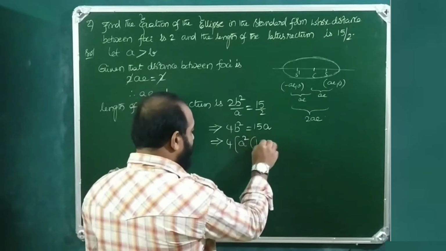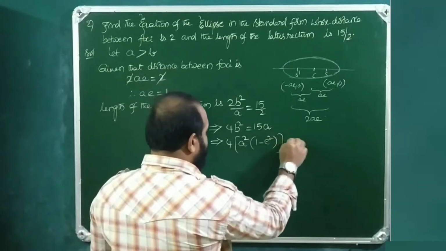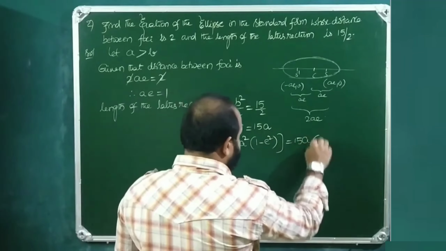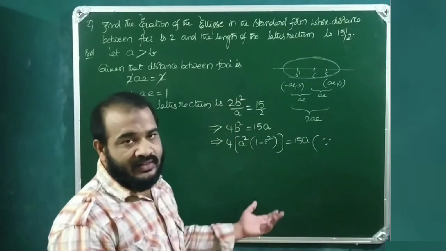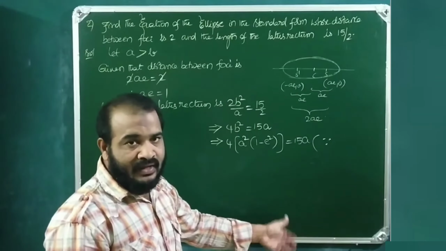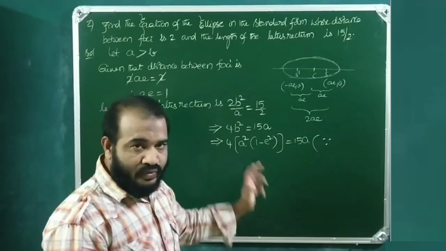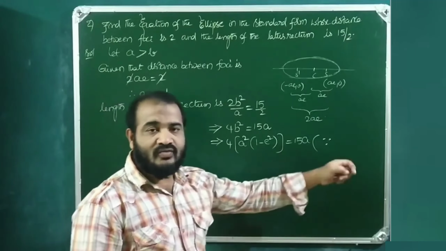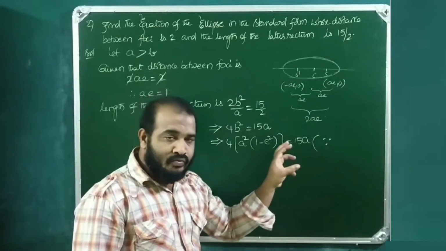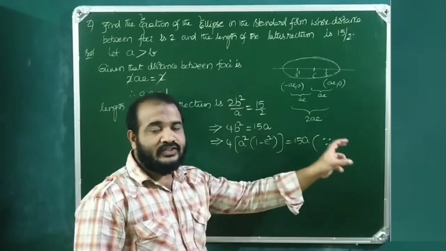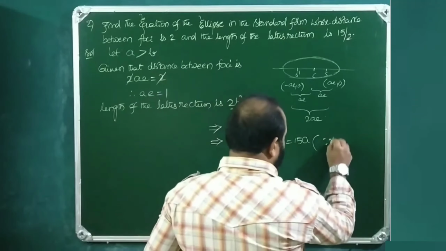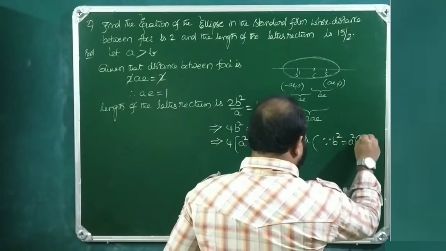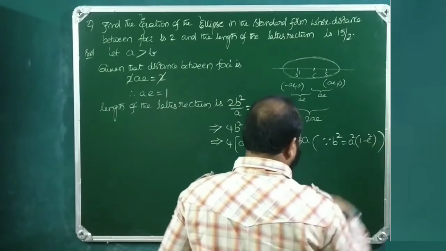So 4 into a square into 1 minus e square is equals to 15a. Since we have proved this in the theorem also, the last step, x square by a square plus y square by a square into 1 minus e square equals to 1, where this b square is equals to a square into 1 minus e square we have taken.